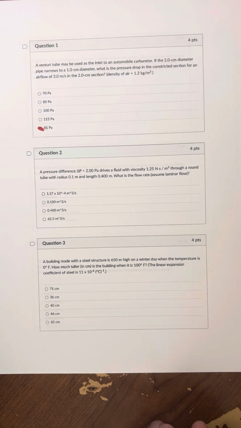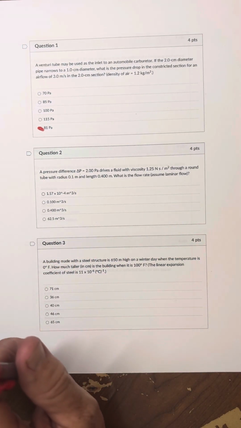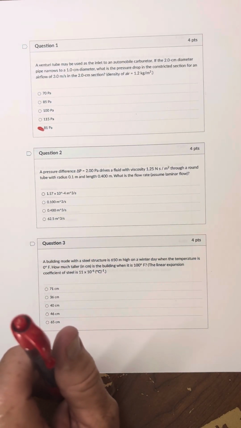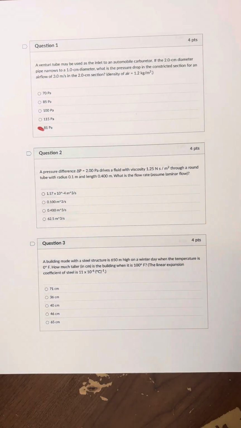But we're doing our laminar flow, assume a laminar flow. And so what section? Does it list the section number? Yeah, 12.4. Okay. And Poiseuille's law is somewhere in here. Here it is.